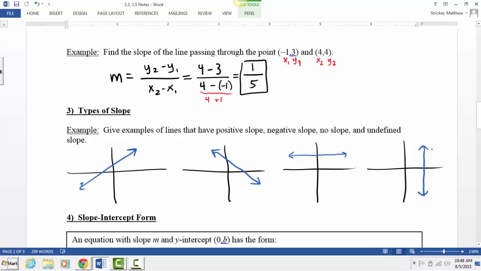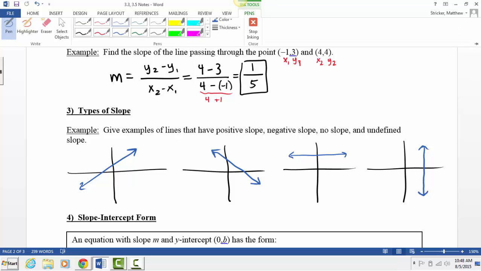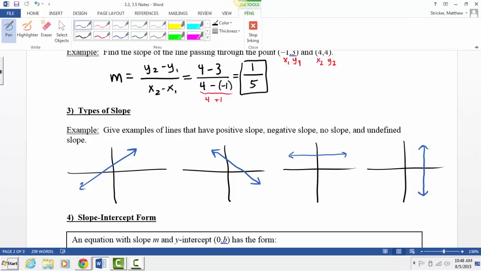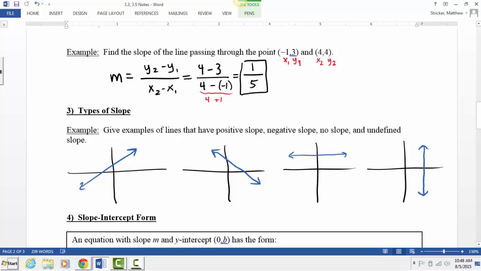The way I like to help students remember this is to think about this in terms of driving on a road, and consider the line like the road that you're driving on. So if you're driving up this line, you're going up a hill, so this is going to be positive slope.